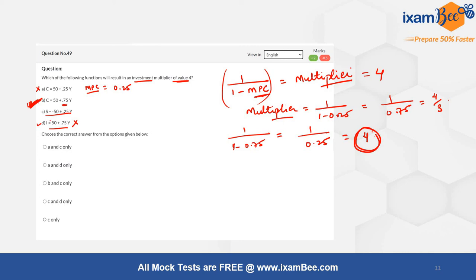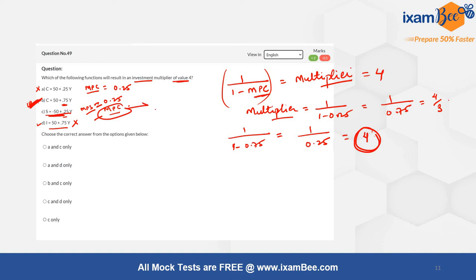Here many of you might think that only B is correct, so these options maybe are incorrect. No, but here you are given the savings function. So from the savings function also you can get the marginal propensity to consume, because from the savings function we know that the marginal propensity to save is 0.25, right? And the sum of marginal propensity to save and marginal propensity to consume is 1.